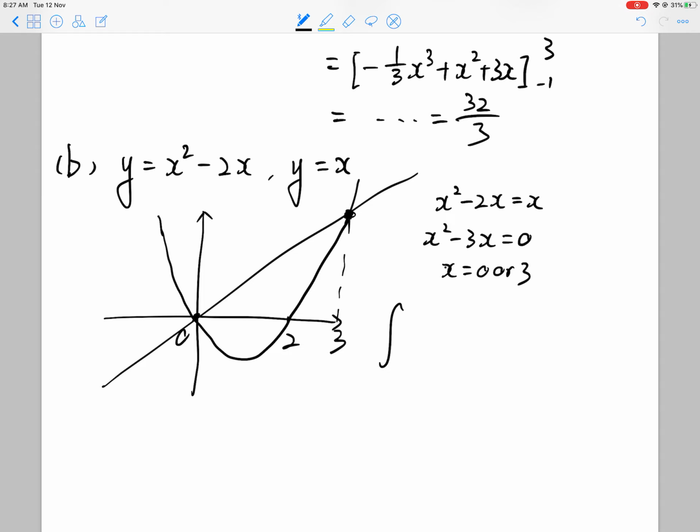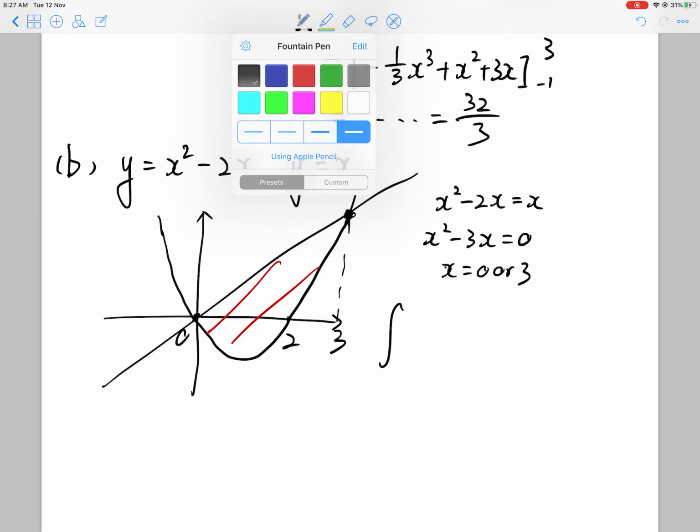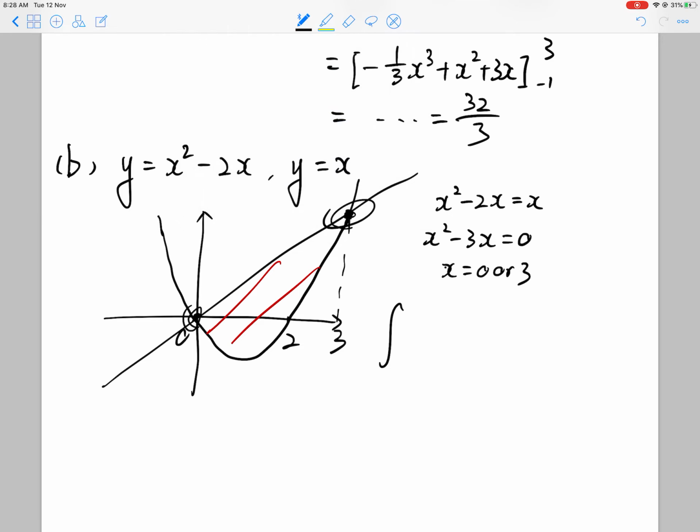Then what you want is the area between the curves, from 0 to 3. The higher curve minus the lower curve.